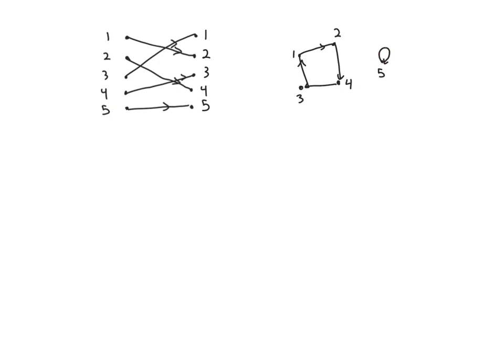And so you might ask yourself, is it the case when you have a bijection that the directed graph looks like this, a bunch of cycles? That's one of the things we're going to get into. And the answer is yes. When you have a bijection, you end up with a cycle decomposition.